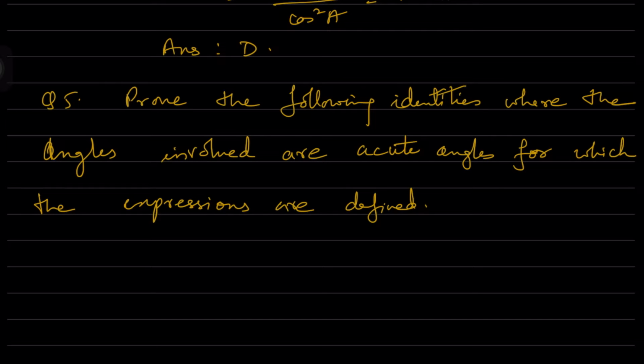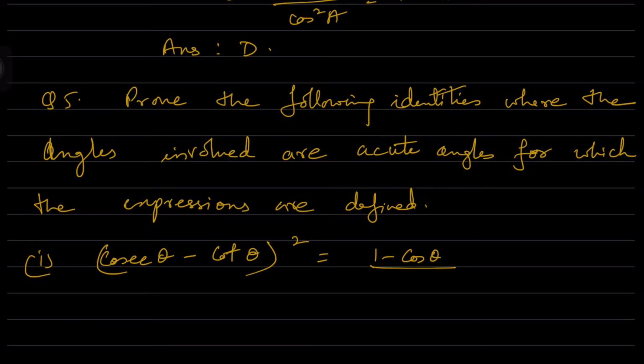So here, the first one is cosecant theta minus cot theta whole square is equal to 1 minus cos theta by 1 plus cos theta.